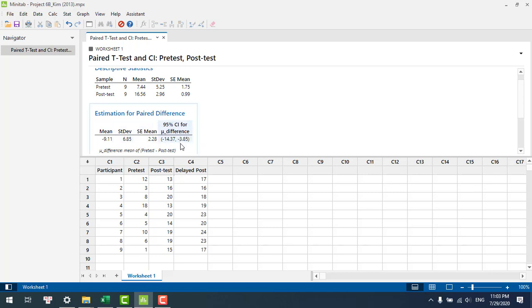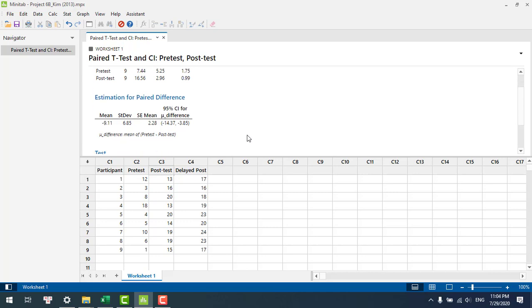Now here we have a confidence interval of minus 14.37 and minus 3.85. Notice that the confidence interval does not go through 0. So no 0, no H0. So that means then that the two means are not going to be similar. They're going to be different.